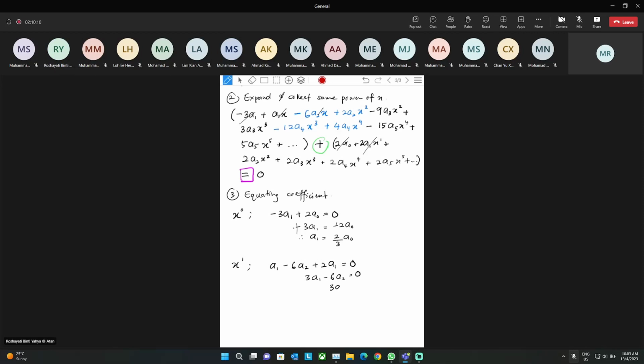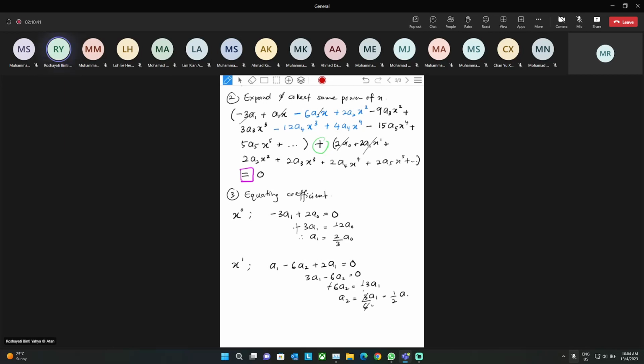3a1, use bigger number on your left. Negative 6a2 equal to negative 3a1. So can be cancelled out here. A2 equal to 3a1 over 6 become 1 over 2 a1.